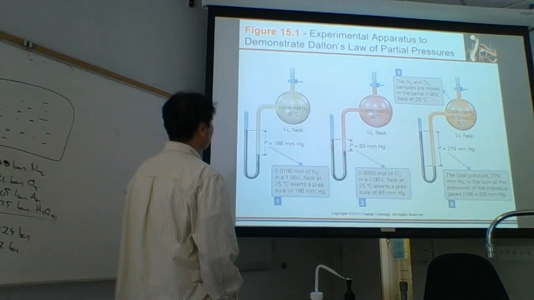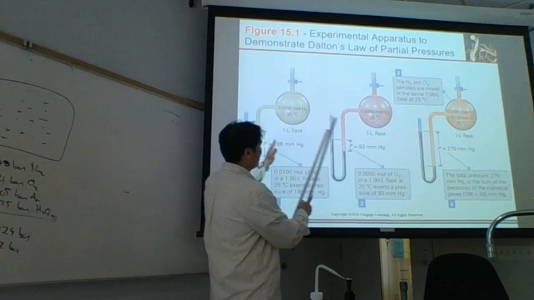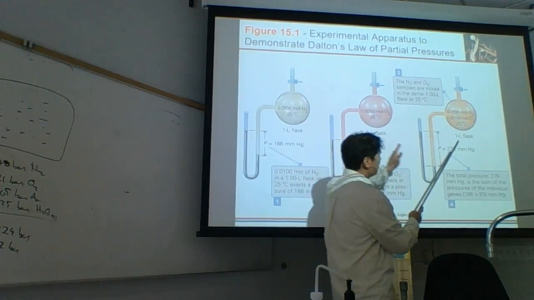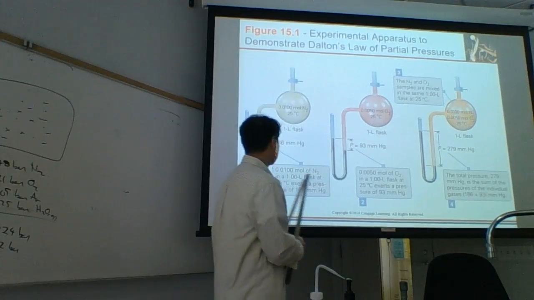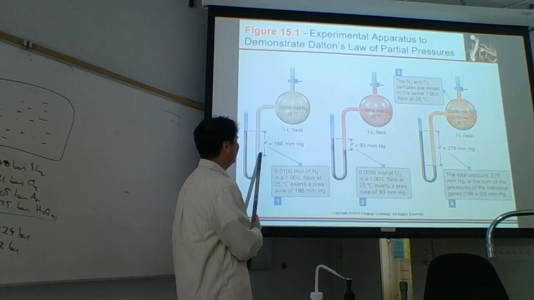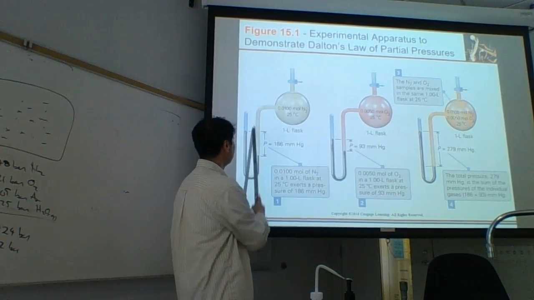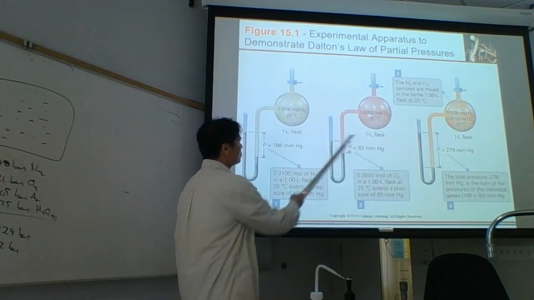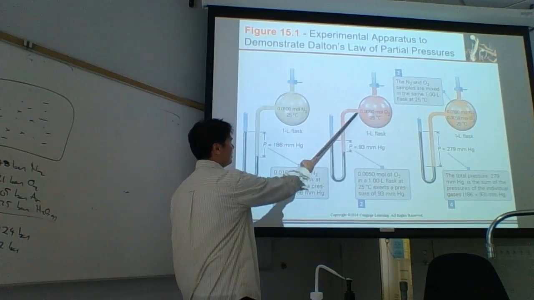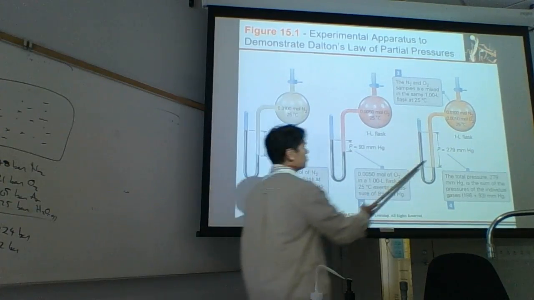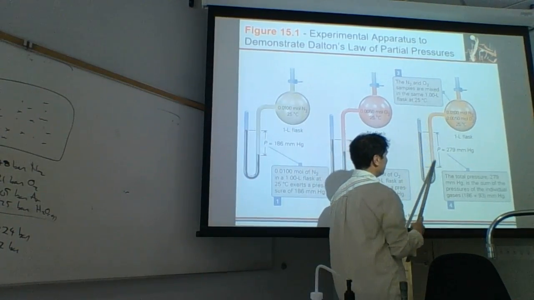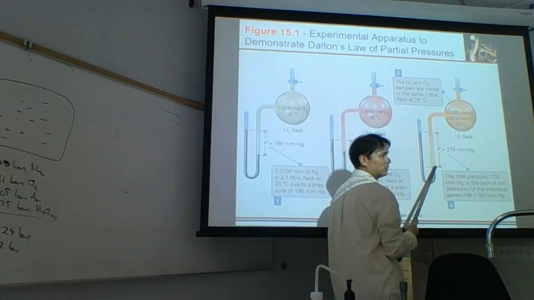And so that means volume of nitrogen should be the same as the volume of oxygen, which should be the same as the volume of the mixture. But when I look at this diagram, it's obvious to me that the volumes aren't the same. This is a 1 liter flask plus this little elbow here. This is a 1 liter flask, but look at the volume in the elbow. It's different, right? And this is a 1 liter flask plus this volume in the elbow, which is clearly different.